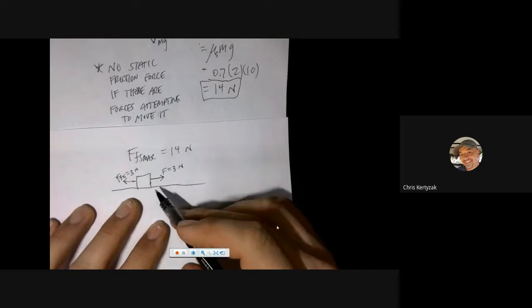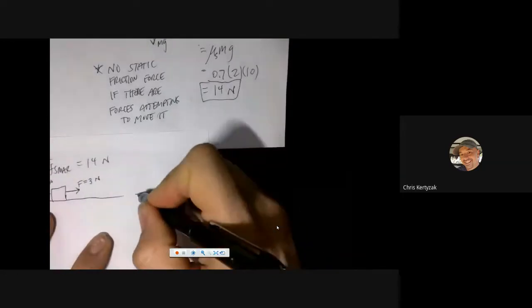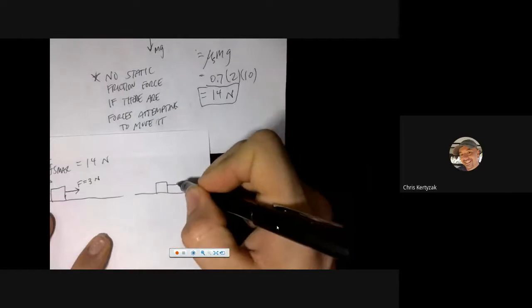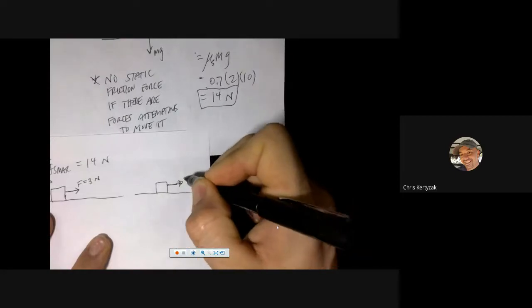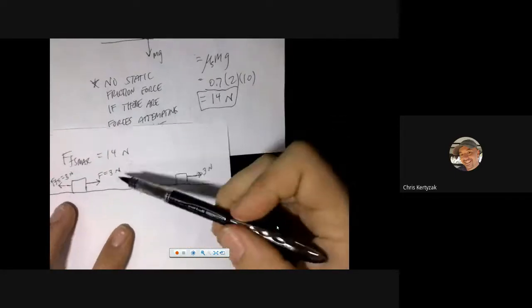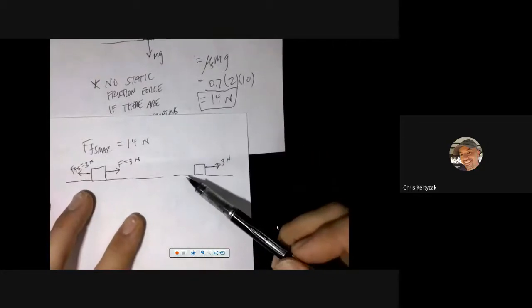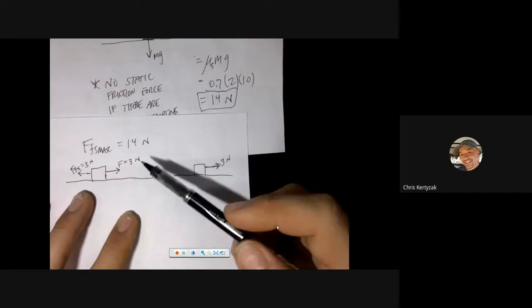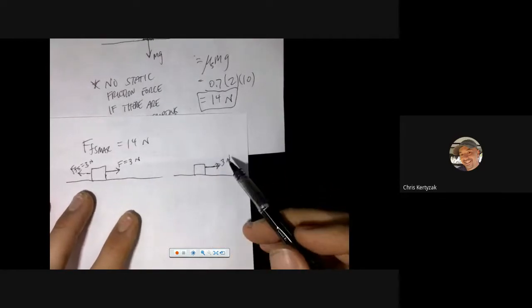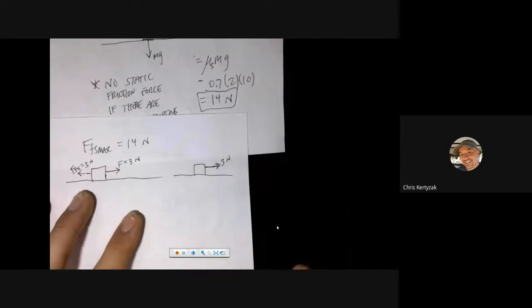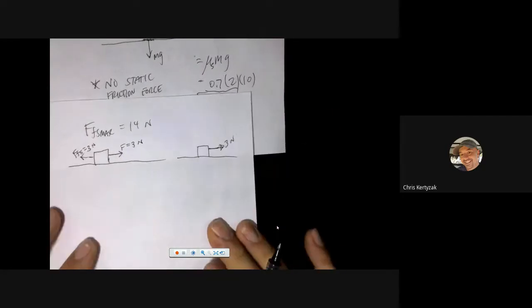In this scenario, on the AP exam, they show a picture like this, and they show 3 newtons, knowing that the maximum amount is 14 newtons, and say, how much static friction force is there? They know half of the students will get it wrong because they'll say it's 14 newtons. They say, no, if there's only 3 newtons of trying to get it to move, then the static friction force is matching that with 3, right?